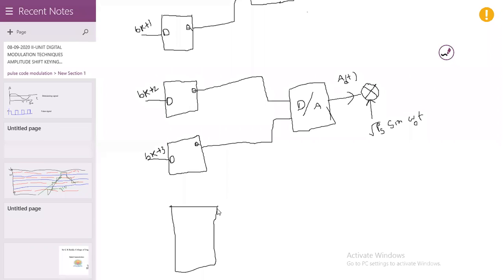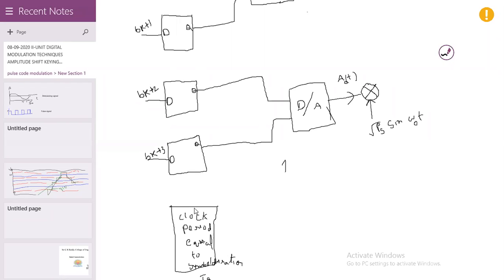The clock period is equal to the symbol duration, that is TS.